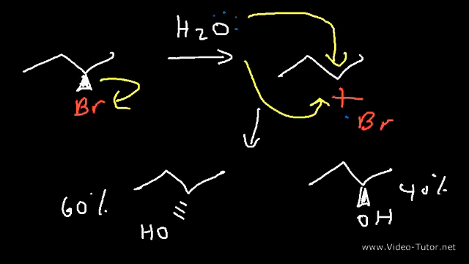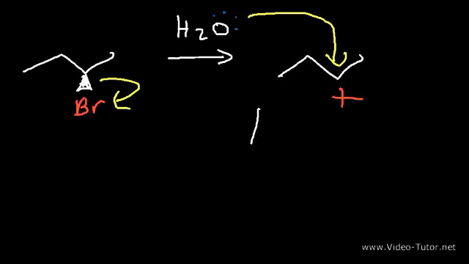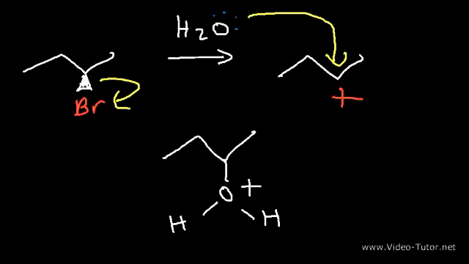But now let's finish the mechanism. So let's say water attacks it from the back. Initially, we're going to get a product that looks like this. Whenever oxygen has 3 bonds, it has a plus charge.